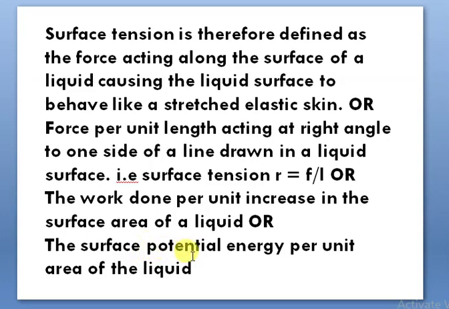And remember, the formula for potential energy is mgh, where mg is your force times h. Here the h, which is the height, is talking about the length, then all over area, which is length times length. So you find out that in this case, surface tension is also Newton per meter, or joule per meter square.